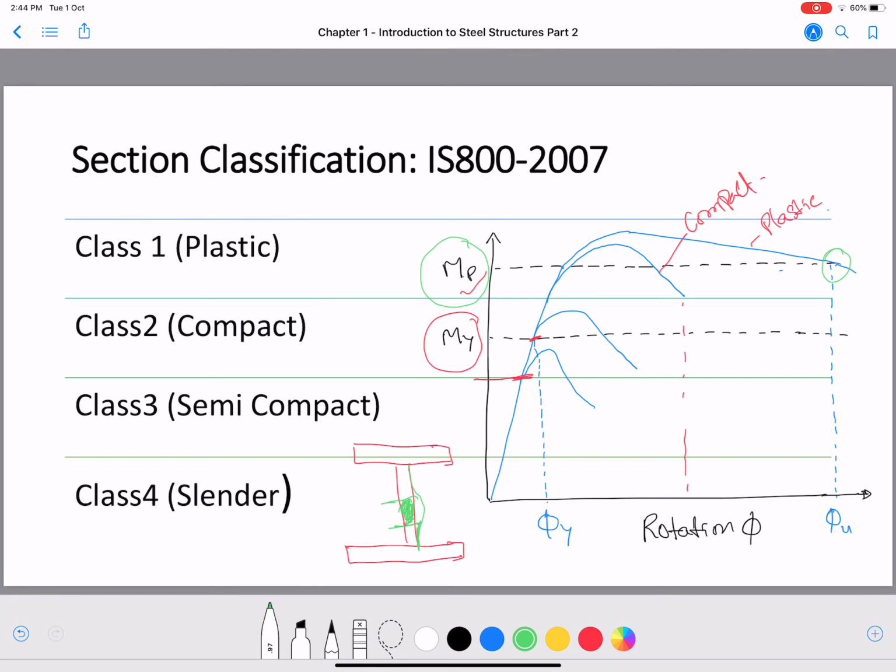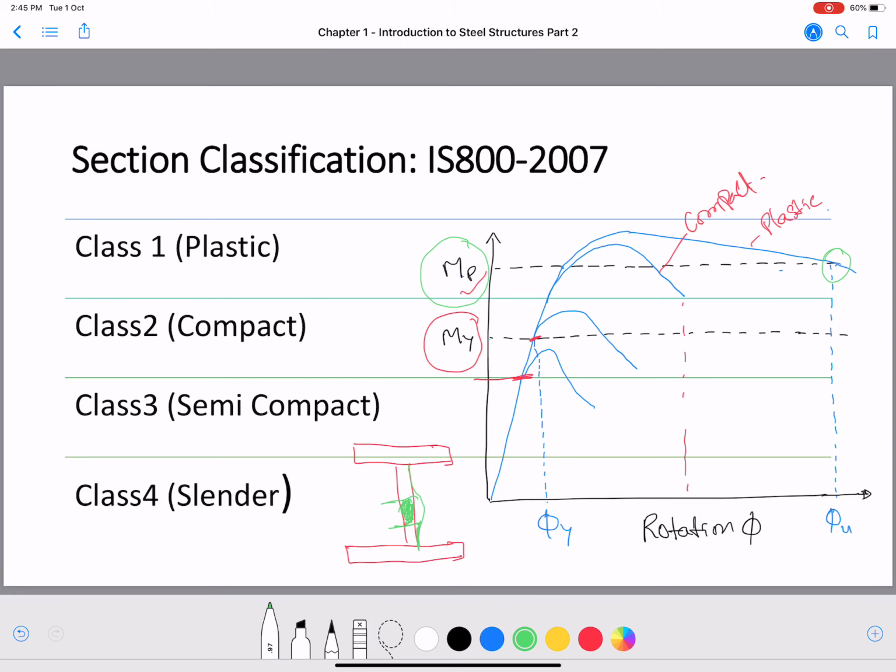With the partial section properties taken out, only limited section properties are available. If you multiply by the stress, you will get less moment capacity compared to semi-compact, compact and plastic. So in a slender section there is less moment capacity, and going up, plastic has the highest moment capacity.